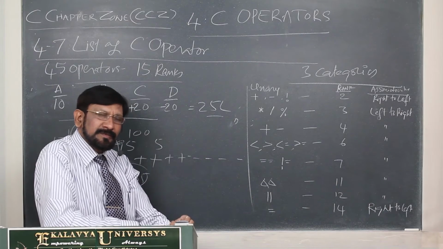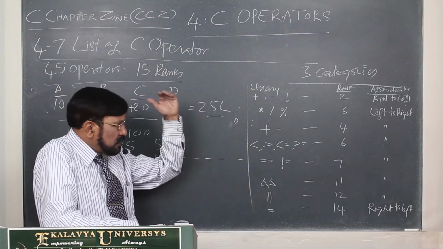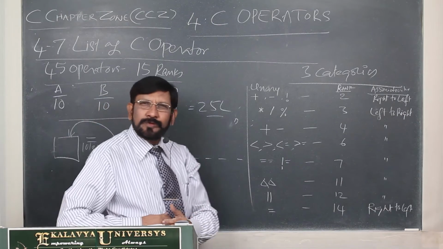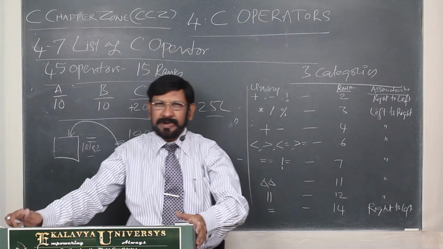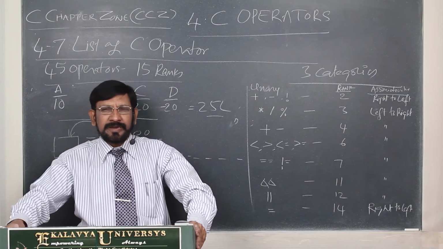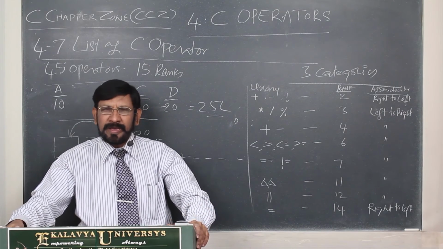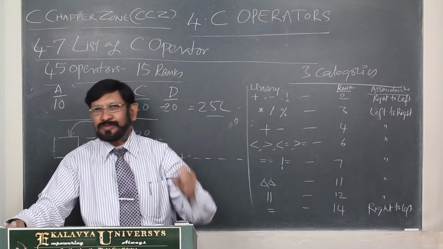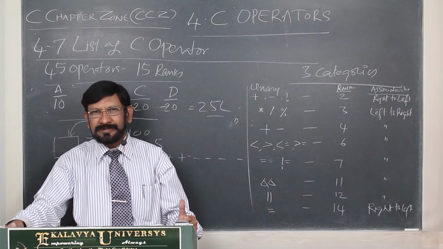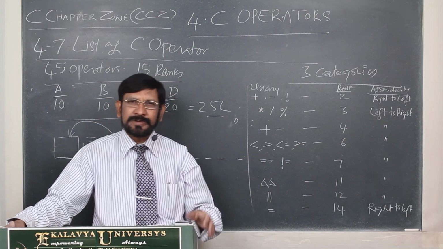Apply your logic, because these are created by human beings only, not by God. That's why there is a logic behind it. What is the logic behind it? Every time I tell you, use formula for the sake of simplicity. And how the formula is generated, pi r square h is there. How pi r square h is generated, how 2 pi r h is generated, that you have to think of. Then only that is aptitude and common sense. By that you will become the finest programmer, a proficient programmer.